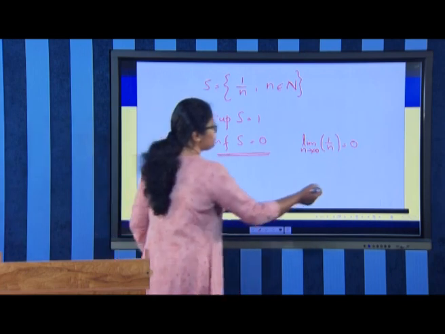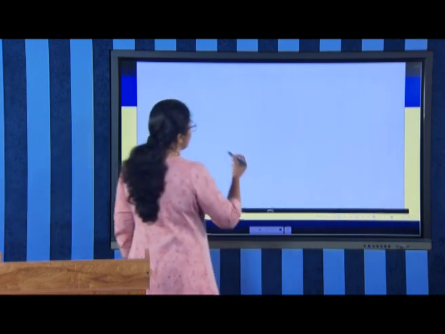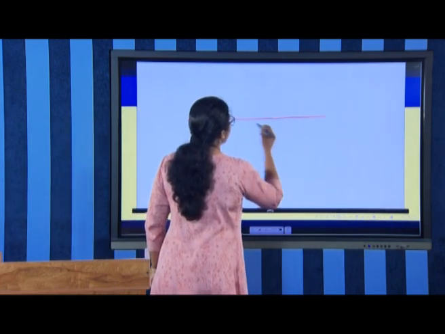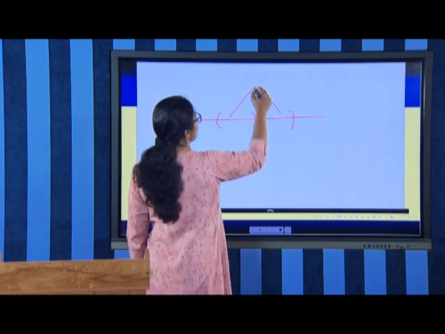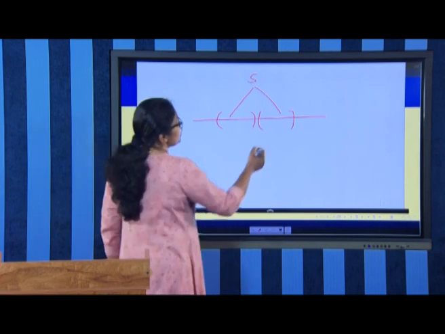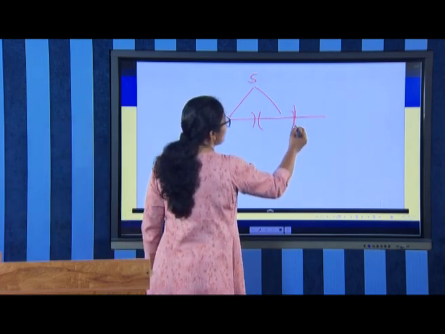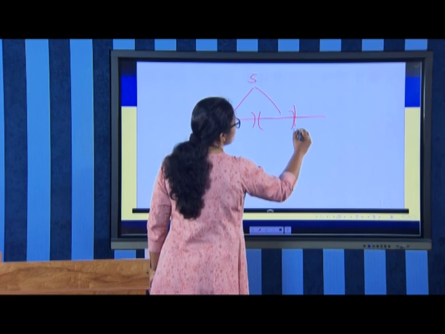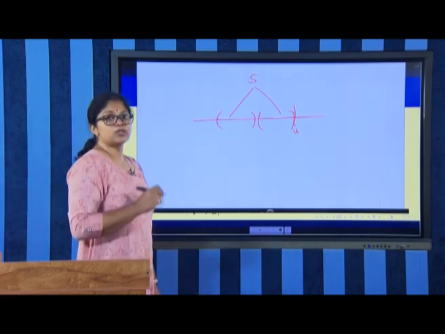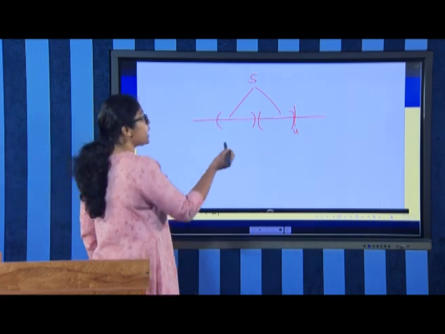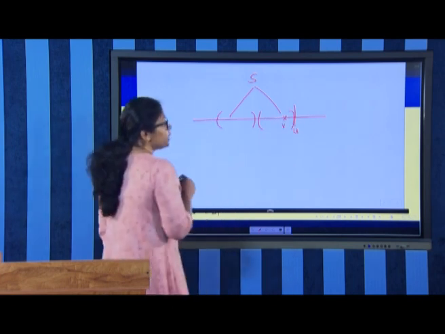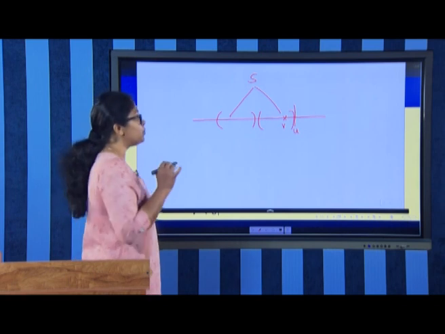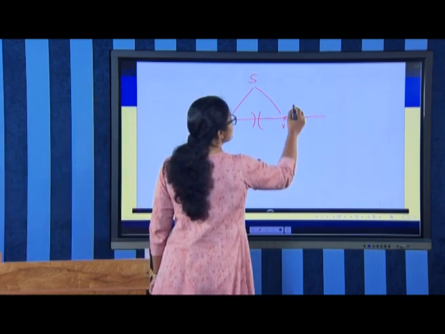In a more geometrical way, we can look at that condition as follows. We have the set S as we have drawn in the first case, and we have the least upper bound, say u, somewhere here. If we have any element v which is less than u, v cannot be an upper bound because u is the least of all the upper bounds.